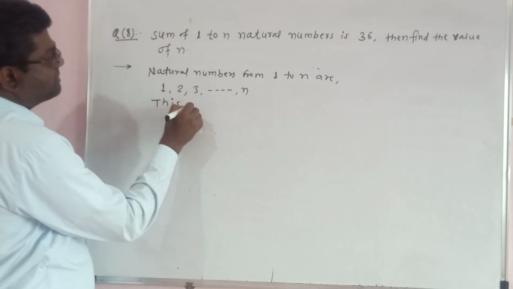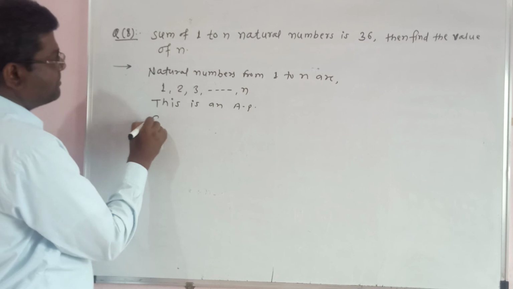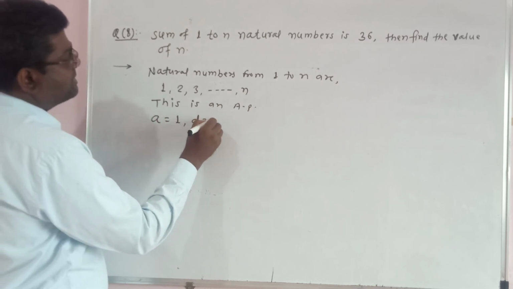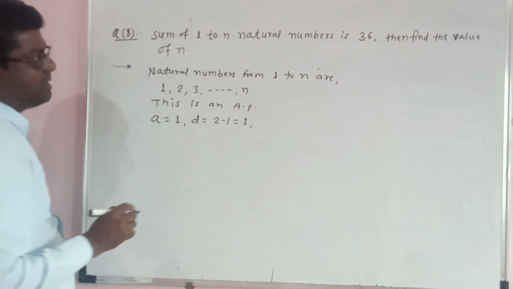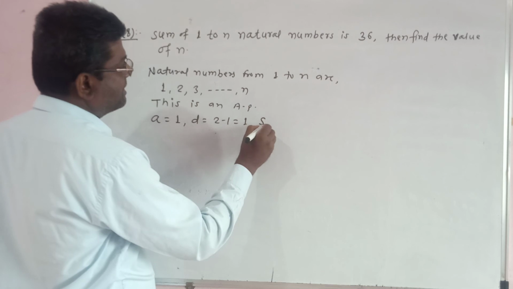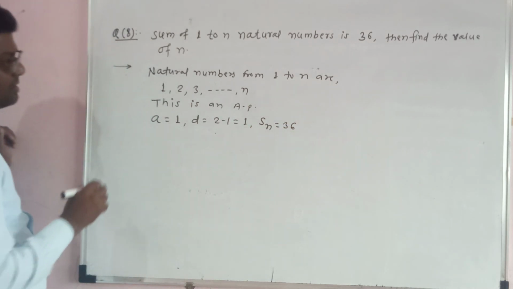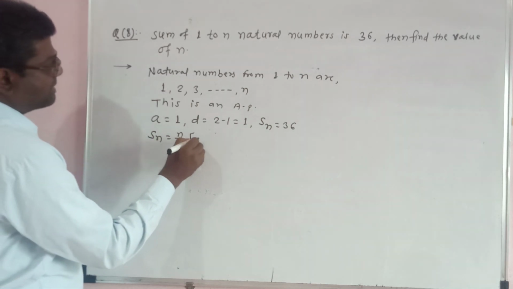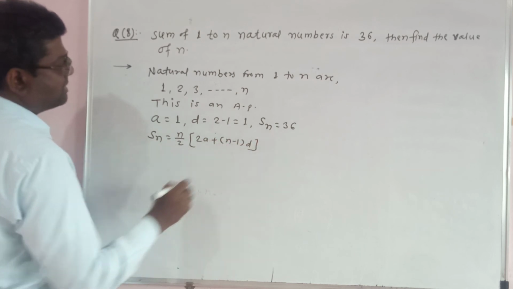This sequence is an AP. For this AP, the first term a is equal to 1. The common difference d is equal to 2 minus 1 is equal to 1. And the sum of n terms, that is Sn, is given as 36. Now the formula for Sn is n upon 2 in bracket 2a plus n minus 1 into d.